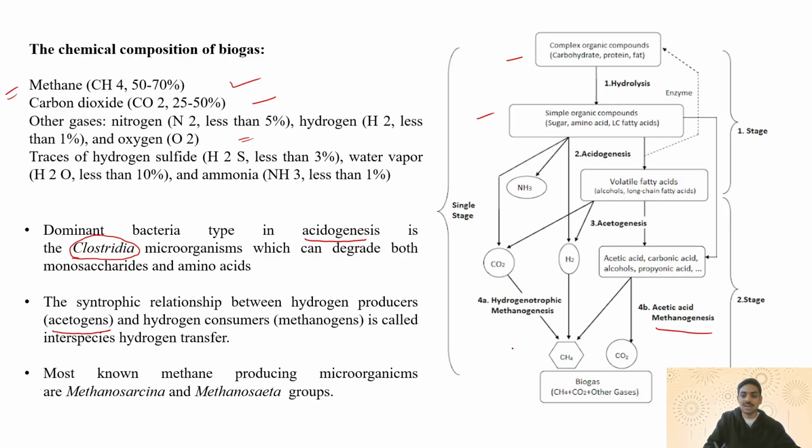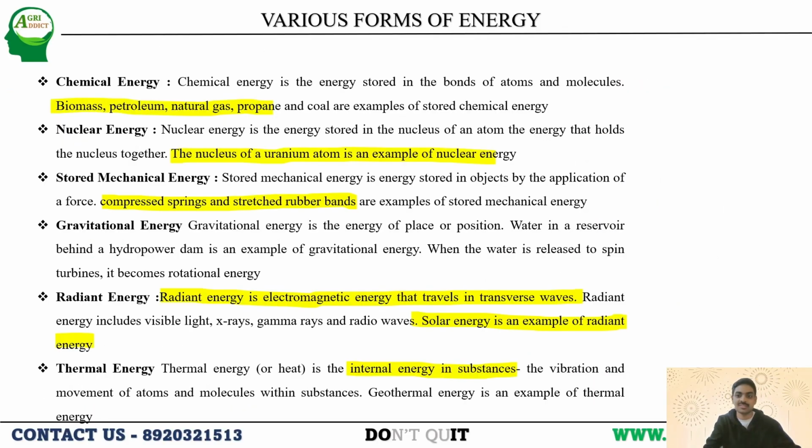Finally, they give us methane and carbon dioxide. So this is how you should remember: acidogenesis is by Clostridia, acetogenesis is helped by acetogens, and methanogenesis is helped by methanogens, mainly Methanosaeta and Methanosarcina. You should remember them. Okay. I hope now you are clear with the composition of the biogas and the steps involved in biogas production, that is hydrolysis, acidogenesis, acetogenesis, and finally methanogenesis.